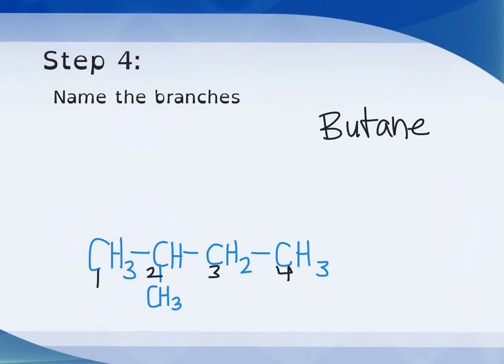Now that we've established which way is the best way to number this chain, our left to right version, we are going to now name the branches. And here on carbon 2, we have a single carbon branch. And remember from that graphic earlier with the root names, our single carbon branch will be called a meth something. When we're adding branches of carbons, we add a yl. So this is going to become a methyl.